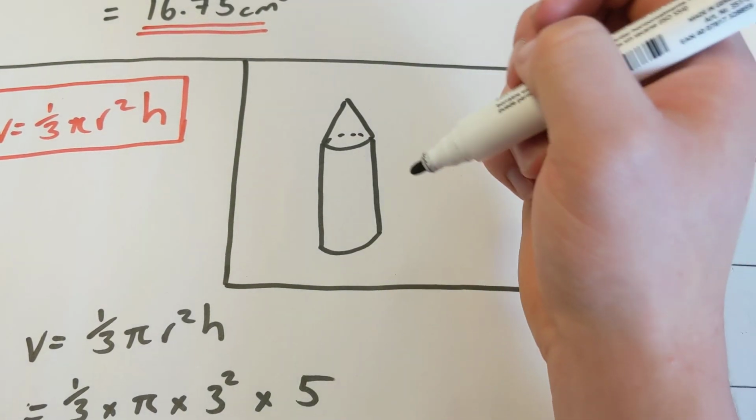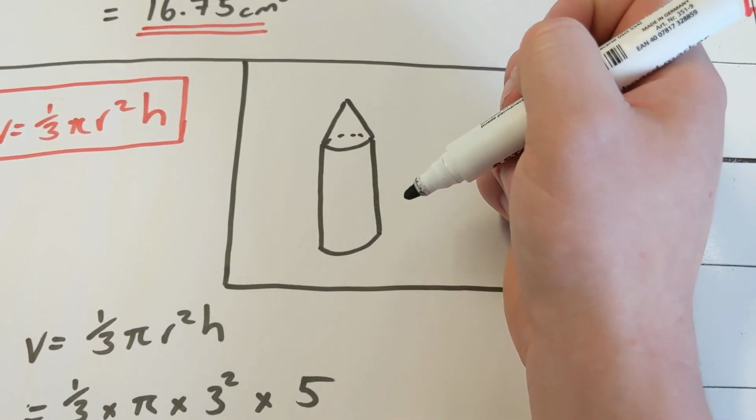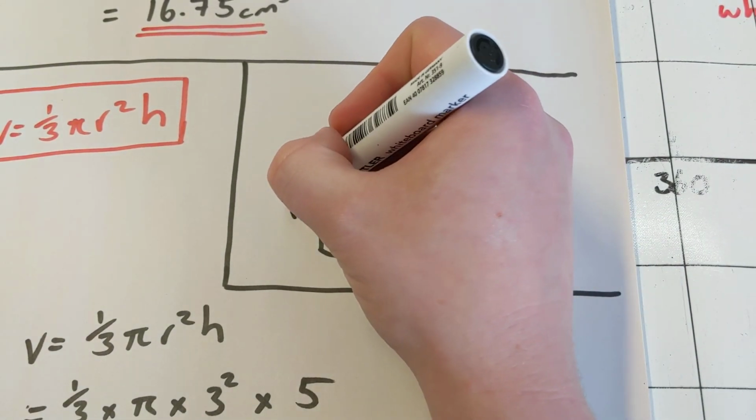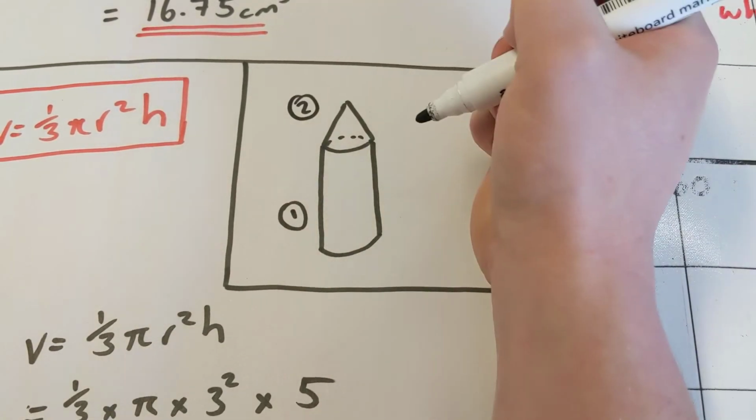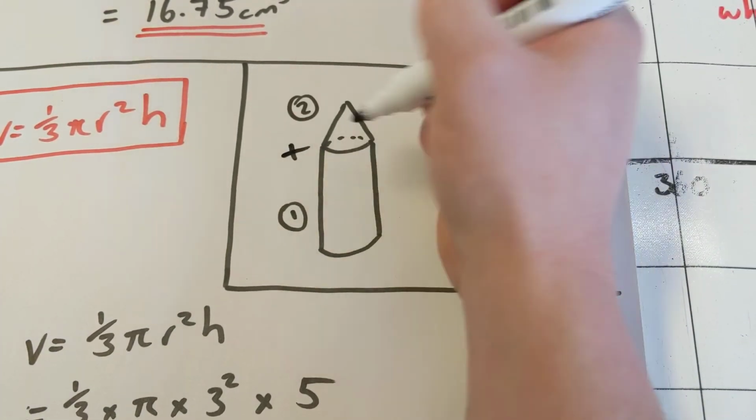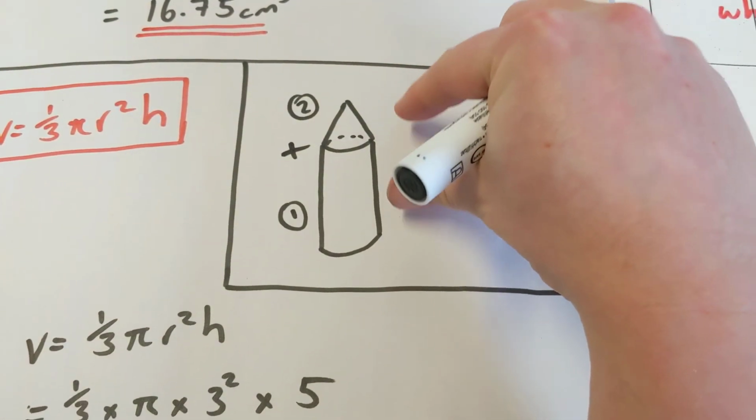In that case, you'd have to work out the two volumes. You'd work out the volume of the cylinder, and then you'd work out the volume of the cone and add them together to give you the total volume.